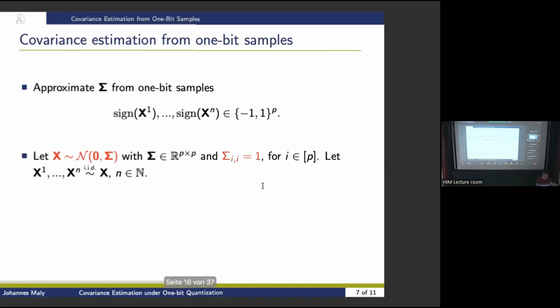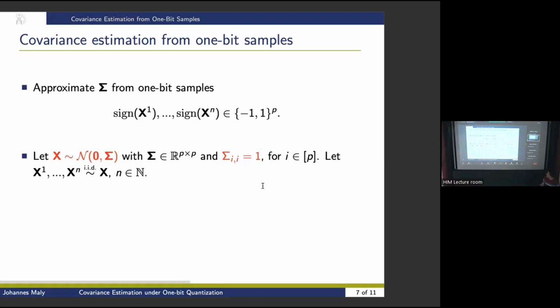So two assumptions that we need in this case: first, we are looking only at Gaussian distributions, which is of course a strong reduction of possible cases, but for the beginning, it is nice as a showcase. And the second thing we need is that the diagonal of sigma is constantly 1.